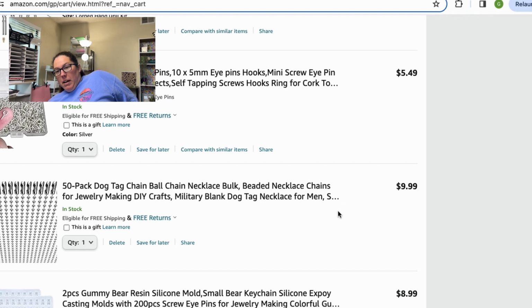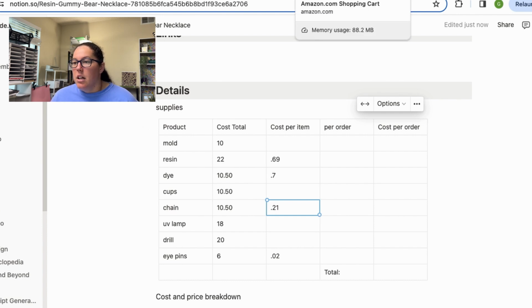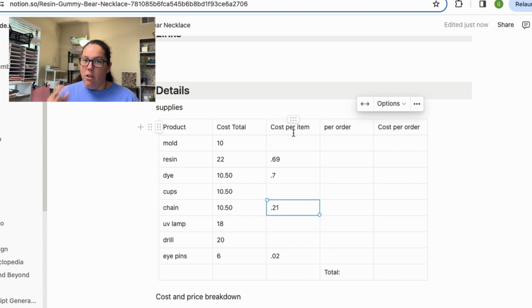So I want to know the cost per item, so each item that I ordered, and then how much of that is per order, so per necklace, and then the cost per order, if you get me.